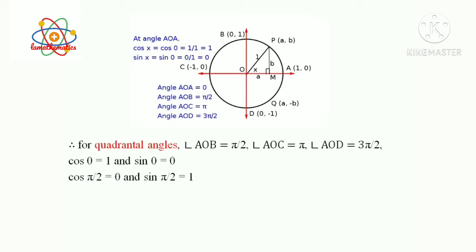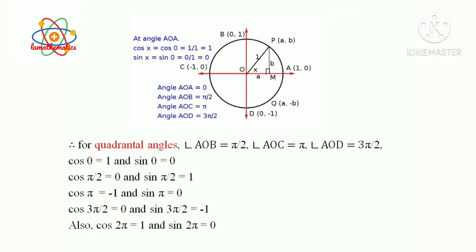Cos pi by 2 equal to 0 and sin pi by 2 equal to 1. Cos pi equal to minus 1 and sin pi equal to 0. Cos 3 pi by 2 equal to 0 and sin 3 pi by 2 equal to minus 1. Also, cos 2 pi equal to 1 and sin 2 pi equal to 0.